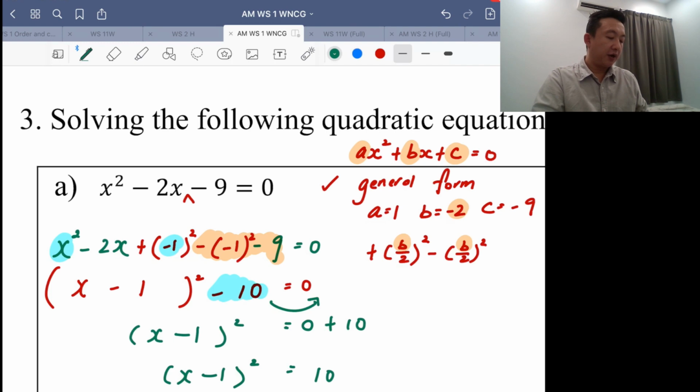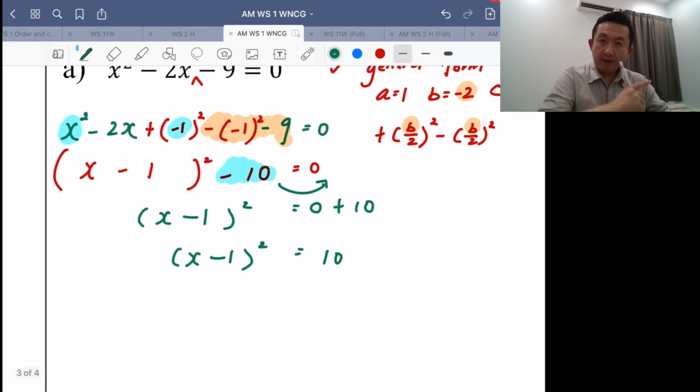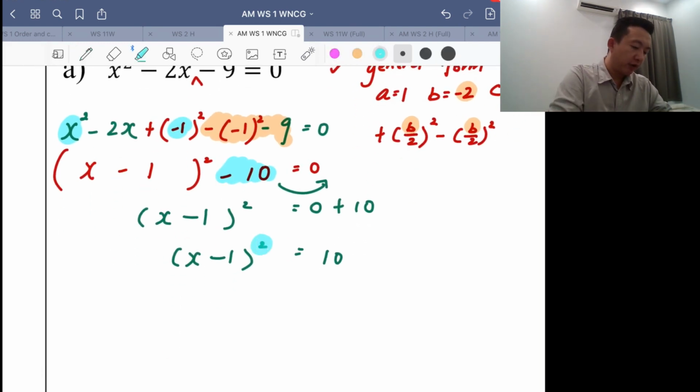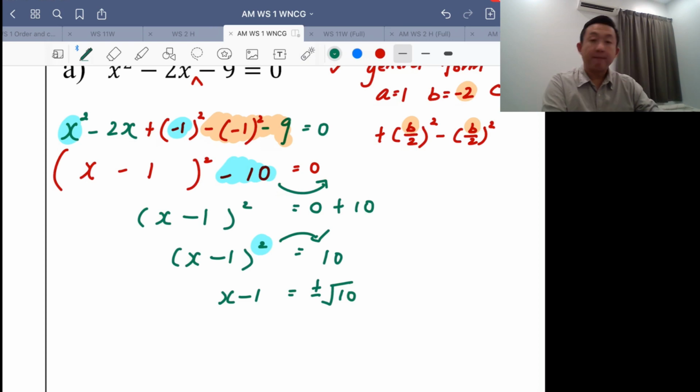To figure out the next step, the square, you bring it over. When you bring the square over to the other side, we will have x minus 1, without the brackets, equals square root 10. Make sure you remember that whenever you put a square root on a certain value, it will be positive and negative values.